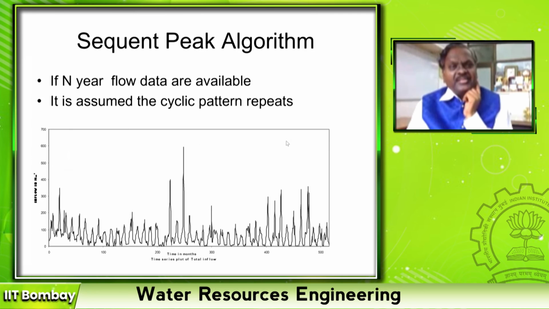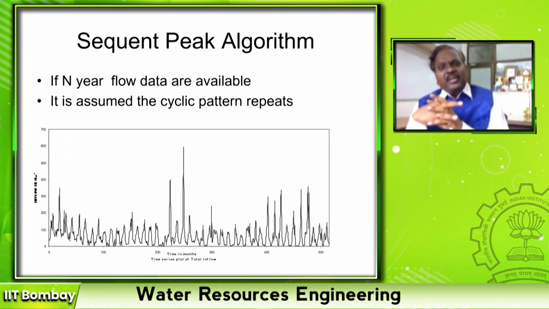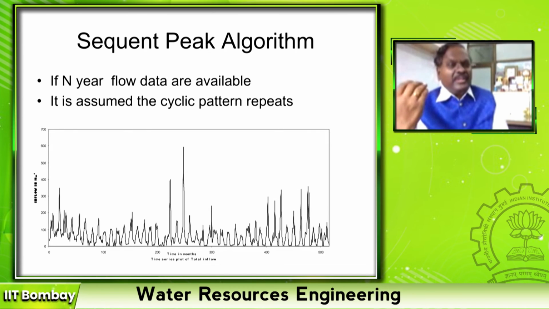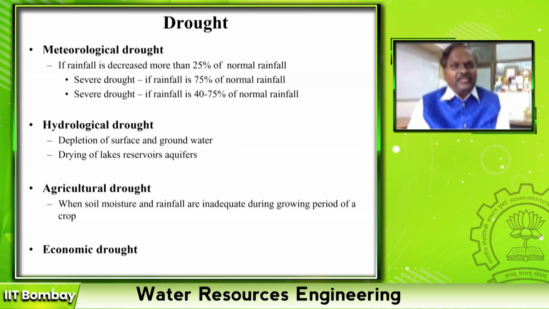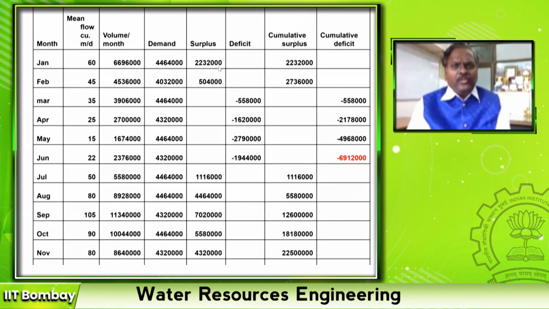Later on, as the length of the available data grew more and more, they discovered another method called the sequent peak algorithm. The sequent peak algorithm is nothing but like this. Now you have this surplus and deficit, and you find the cumulative. If it is positive, you go on adding.